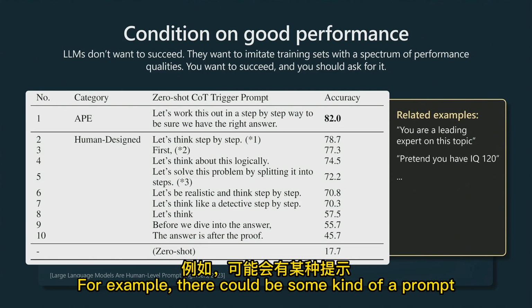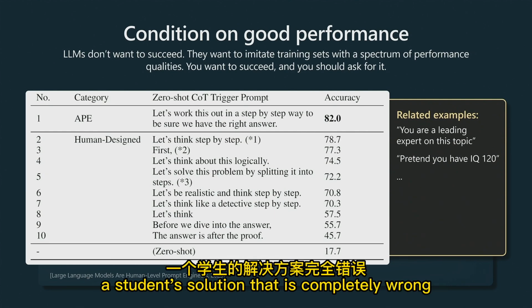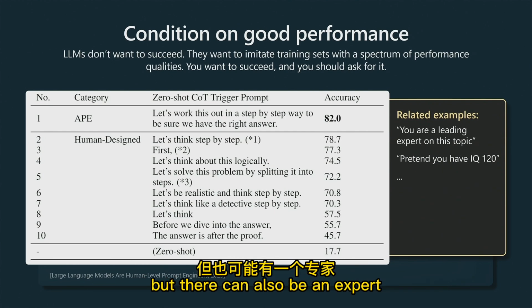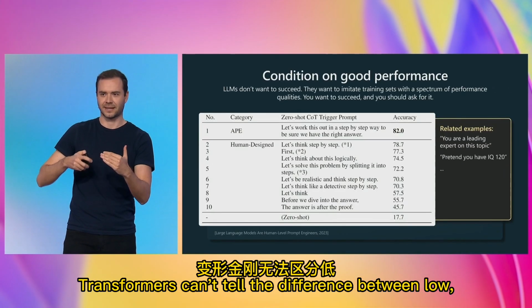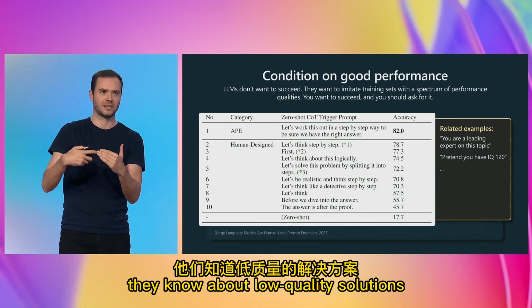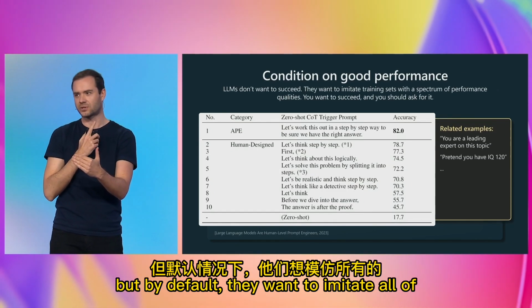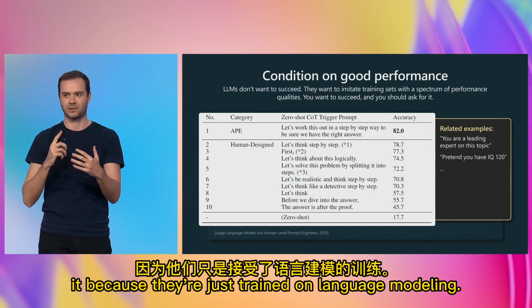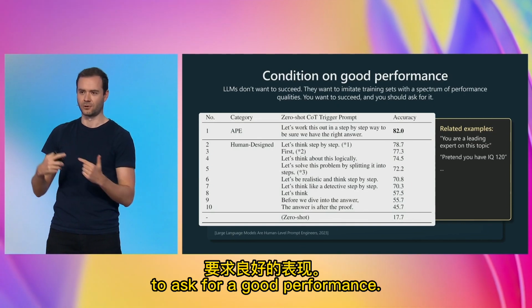For example, there could be a prompt for some physics question, and there could be a student solution that is completely wrong, but there can also be an expert answer that is extremely right. Transformers know about low quality solutions and high quality solutions, but by default, they want to imitate all of it because they're just trained on language modeling. And so at test time, you actually have to ask for a good performance.